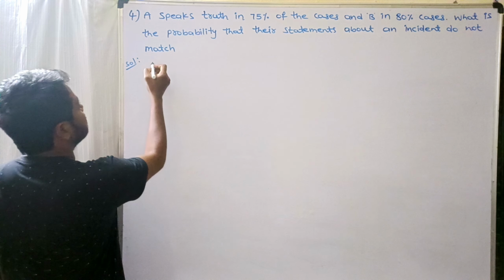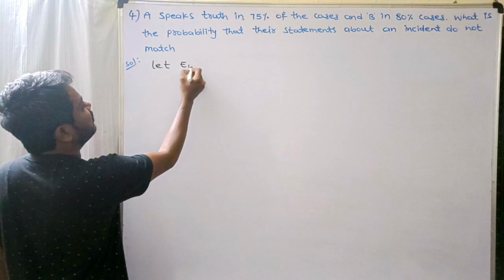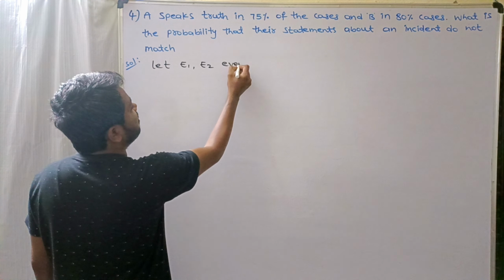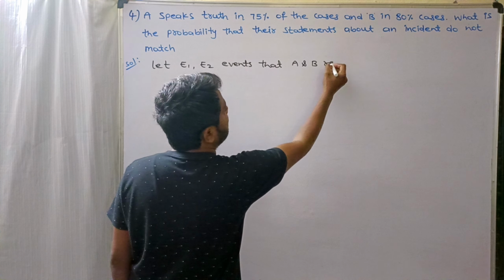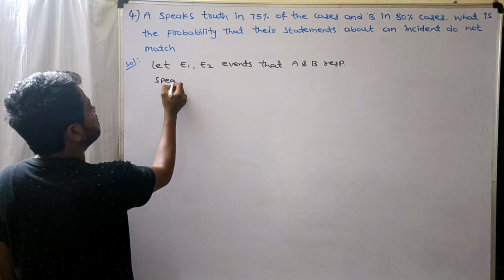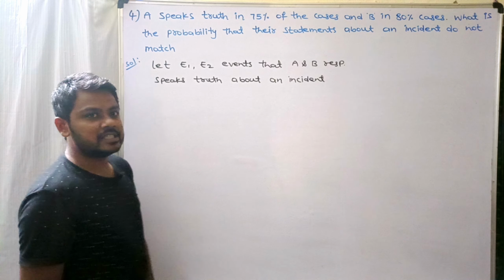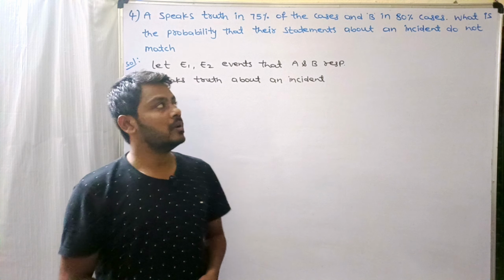So here, solution: let us consider E1, E2 as the events that A and B respectively speak truth about an incident. These are any two events, E1 and E2.